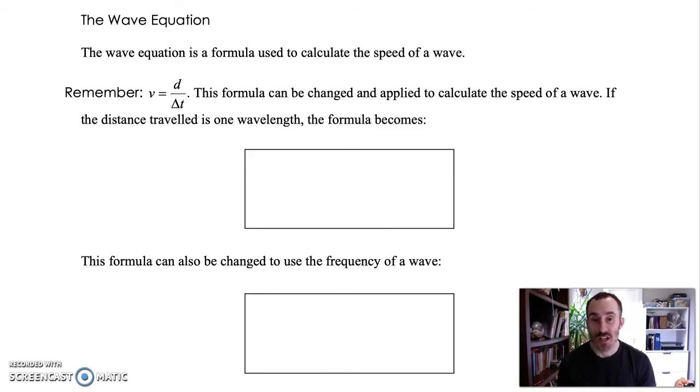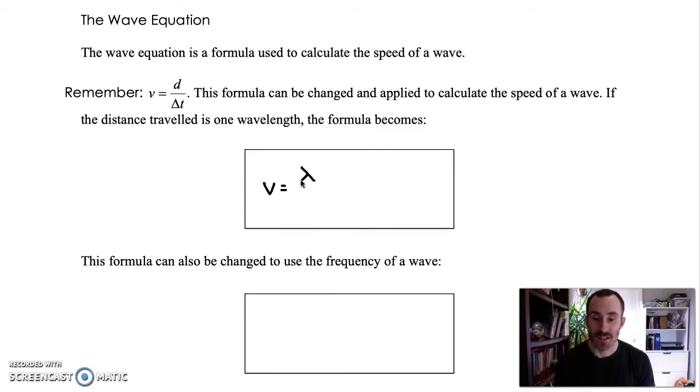So we can adjust that formula for dealing with a wave. Okay, so speed is distance divided by time. Now we can connect our speed formula to its relative parts of a wave. So speed is distance divided by time. The distance part of a wave is its wavelength.